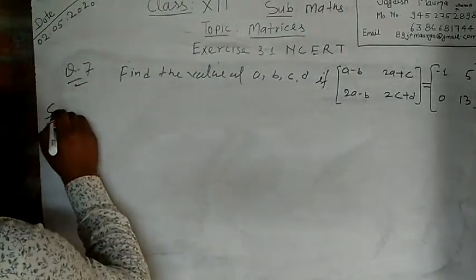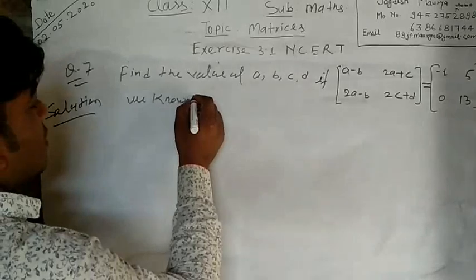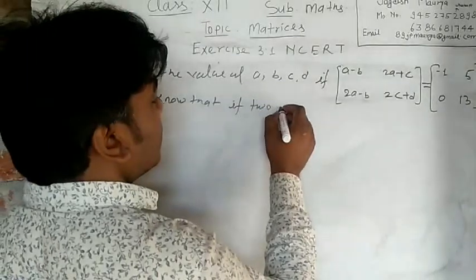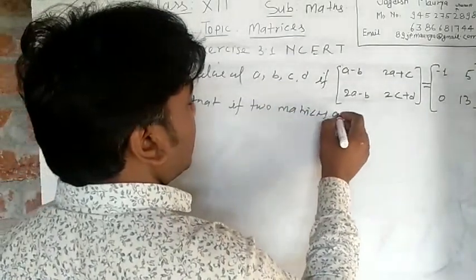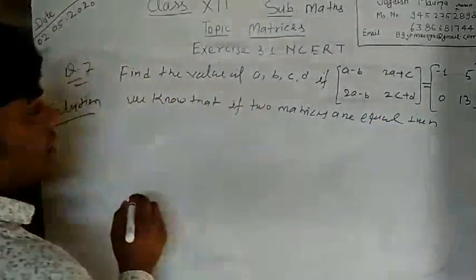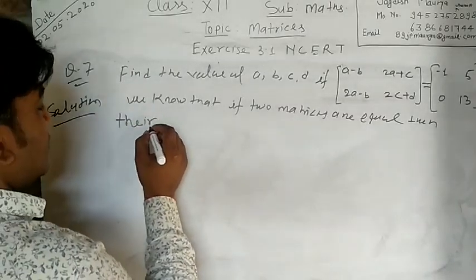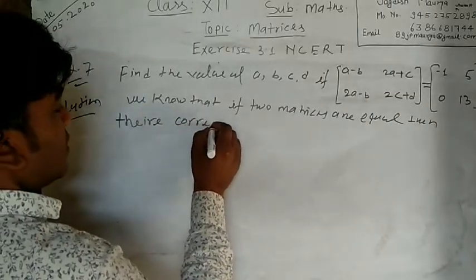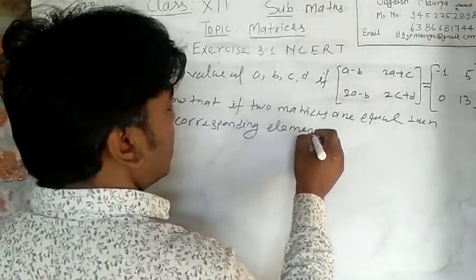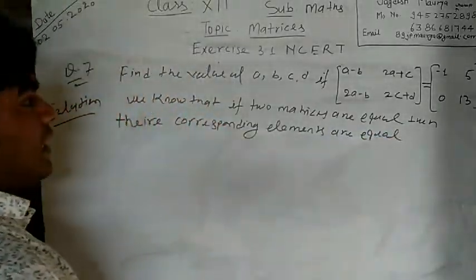We know that if two matrices are equal, then their corresponding elements are equal.